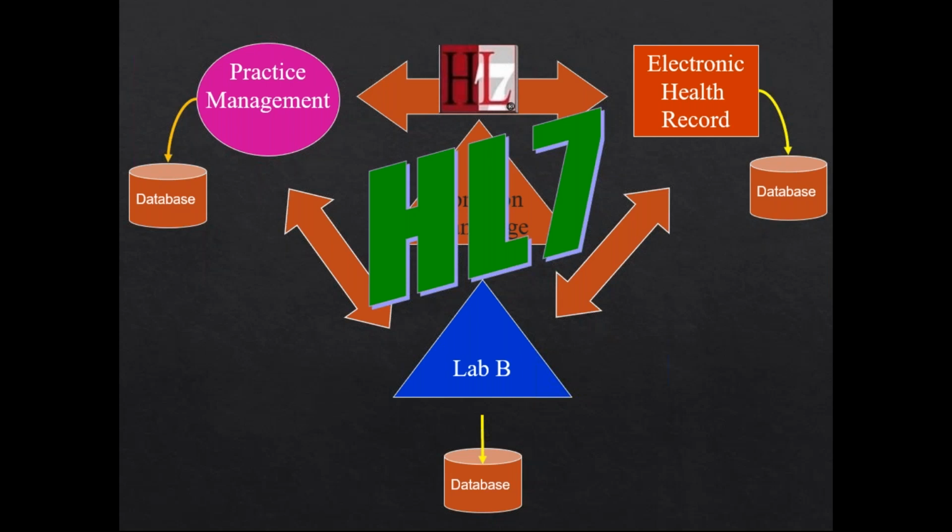There we don't use HL7. And when we talk about integrating with pharmacies, we use e-prescriptions, which are electronic prescriptions, in a different language altogether. HL7 is used only for communication between PM to EHR, EHR to PM, and any integrations with labs.